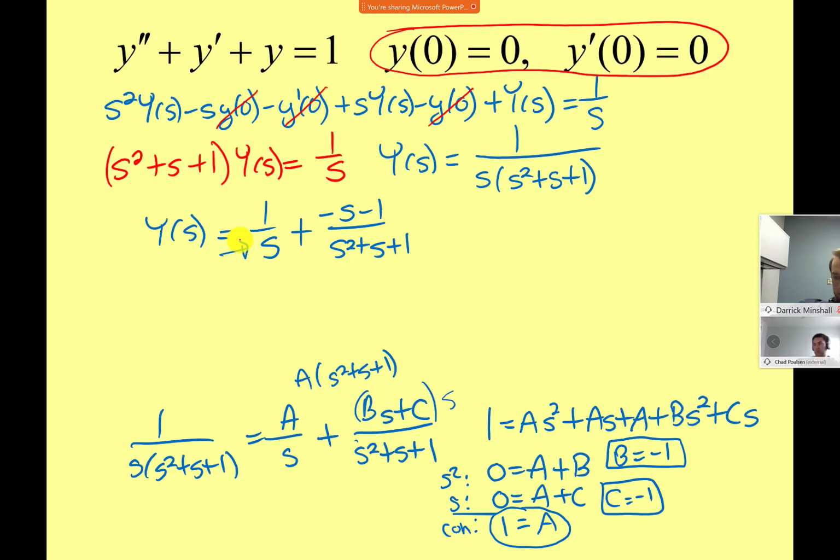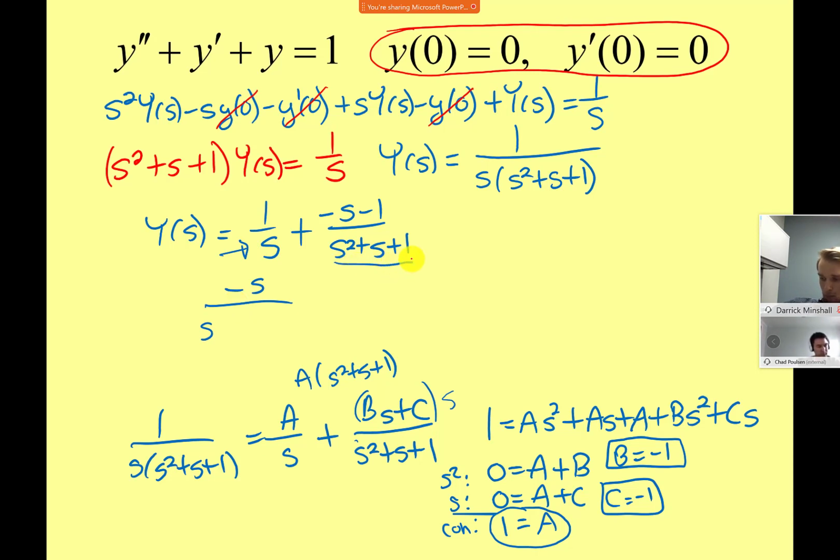But this other part has two terms, so I would want to split it into negative s over s squared. Actually, before I split it, I want to write it so it's ready to go when I do.